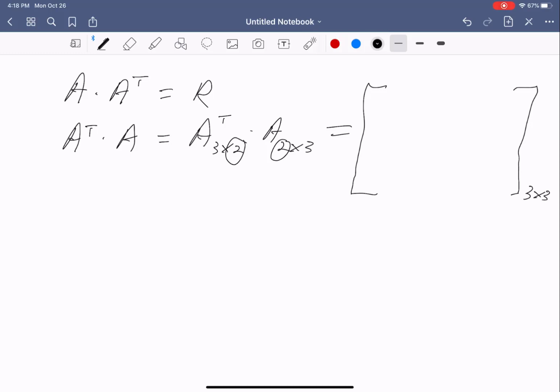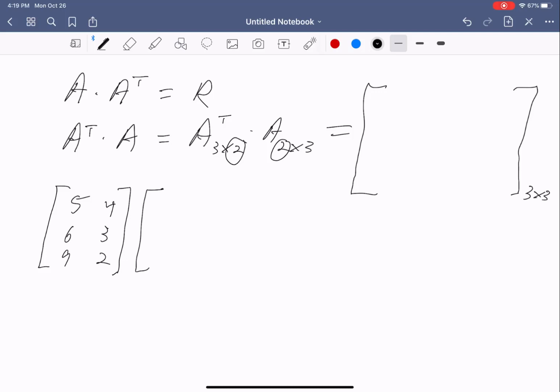All right, and if we do that, we start with, well, let's put that out. Okay, so we get 5, 4, 6, 3, 9, 2. All right, that's our transpose.